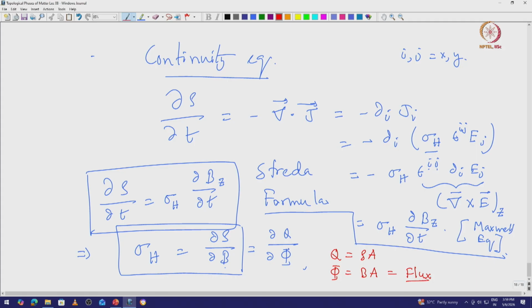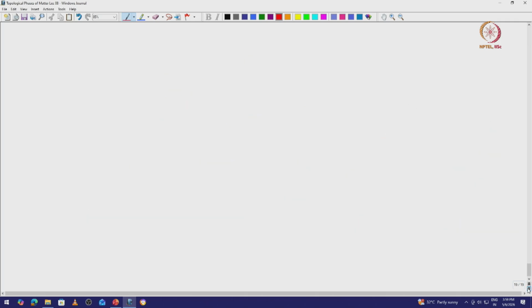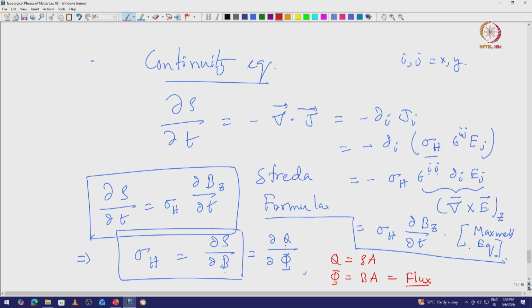As we vary the magnetic field due to EMF, we see that there is a charge being moved. The total charge remains fixed of course in the system, but there is a flow of charge. So, what is happening is that charge is actually moving from one side to another side, and this was Laughlin's argument.